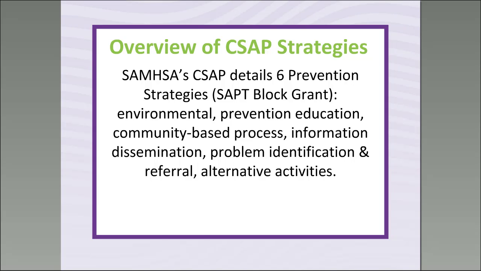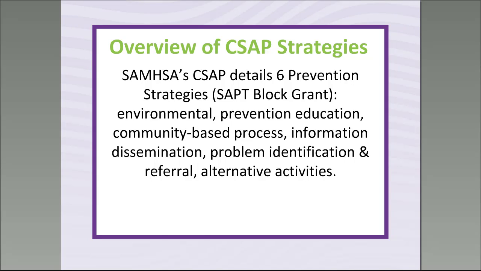SAMHSA's Center for Substance Abuse Treatment, in collaboration with the Center for Substance Abuse Prevention, administers this block grant. In the CFR, it details that states should develop and implement a comprehensive prevention program, which includes a broad array of prevention strategies directed at individuals who are not identified to be in need of treatment.